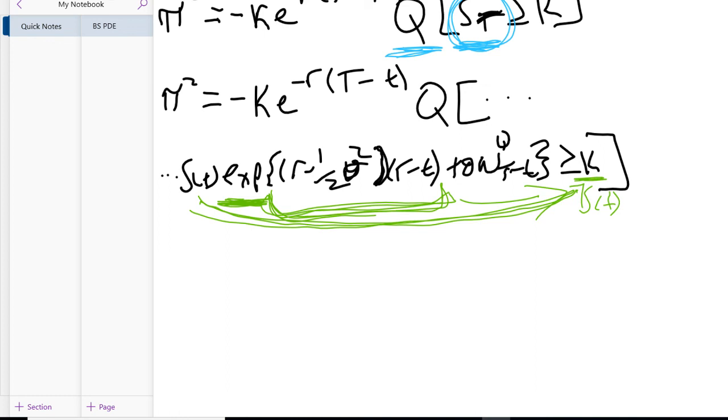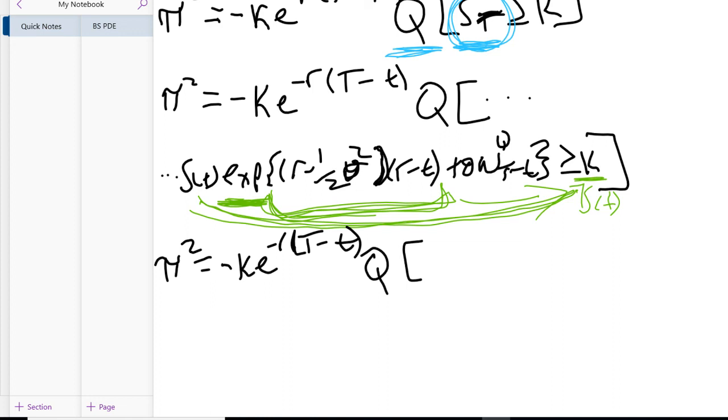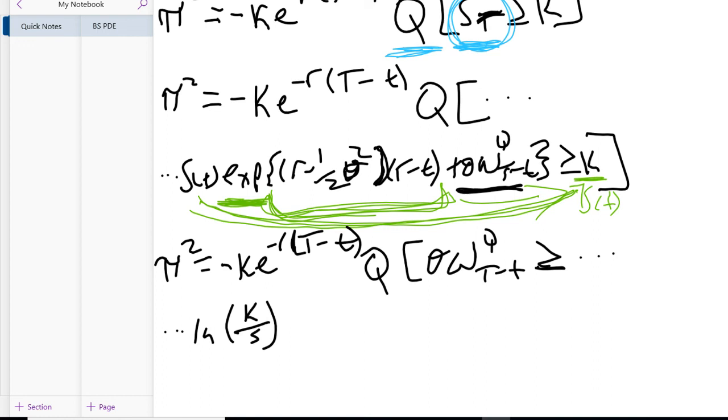So after doing all that, what you would get is that pi 2 equals negative k e to the negative r big T minus little t times the Q probability that, and then this part remained on this side, I'm not moving that, we're going to have sigma W^Q big T minus little t, and then we're going to have the stuff that we moved over to the other side, and that's going to be the log K over S minus r minus 1/2 sigma squared times big T minus little t.